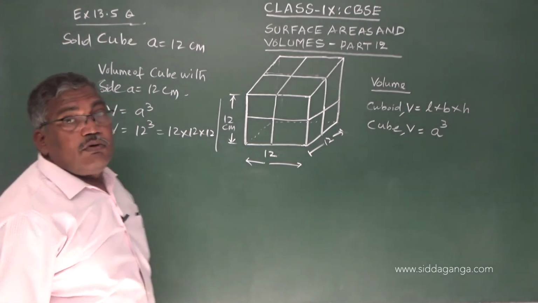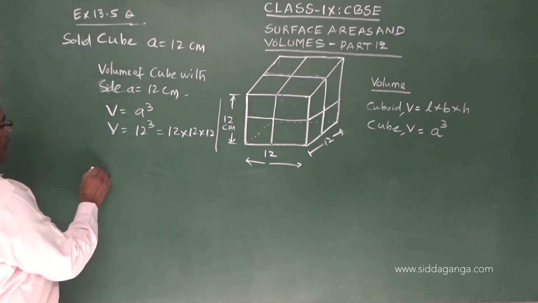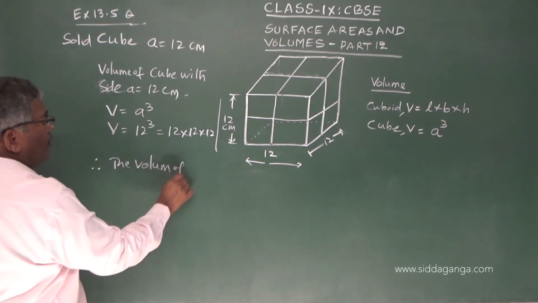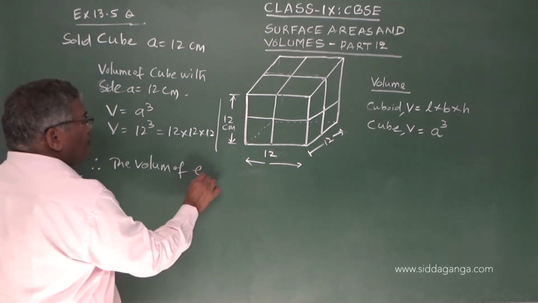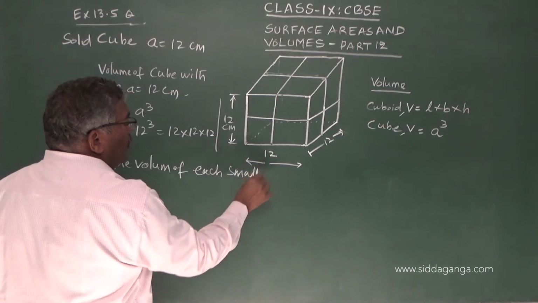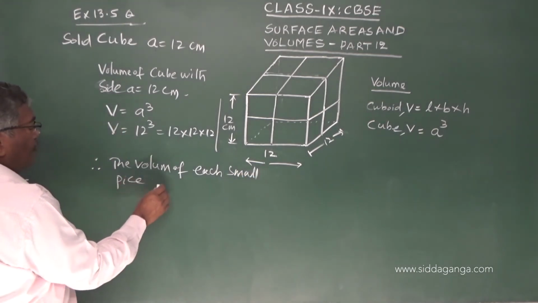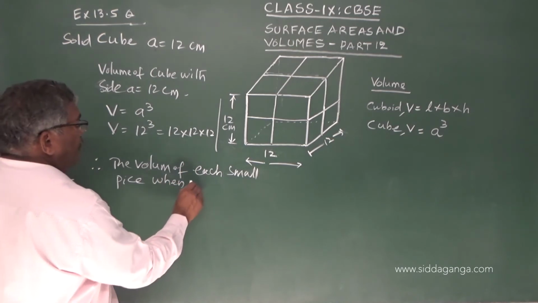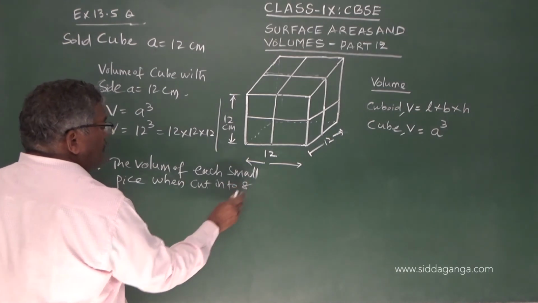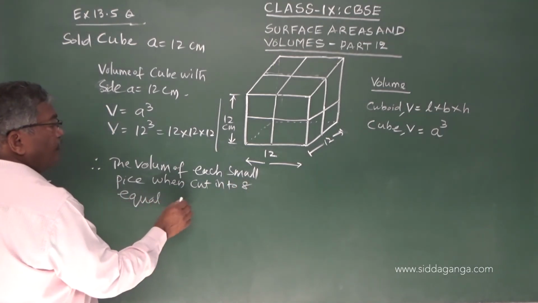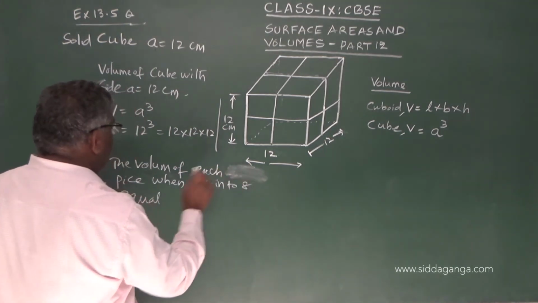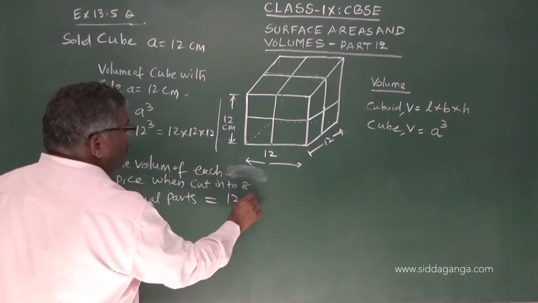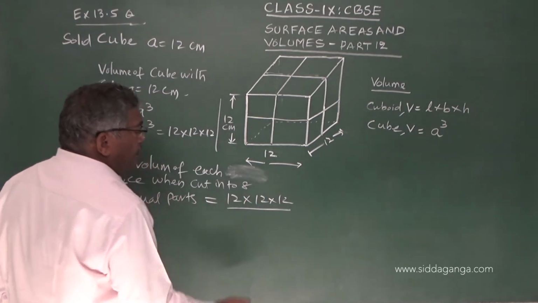Now, it is cut into 8 pieces. So therefore the volume of each small piece when it is cut into 8 equal parts equals the total volume, 12 into 12 into 12, divided by 8.